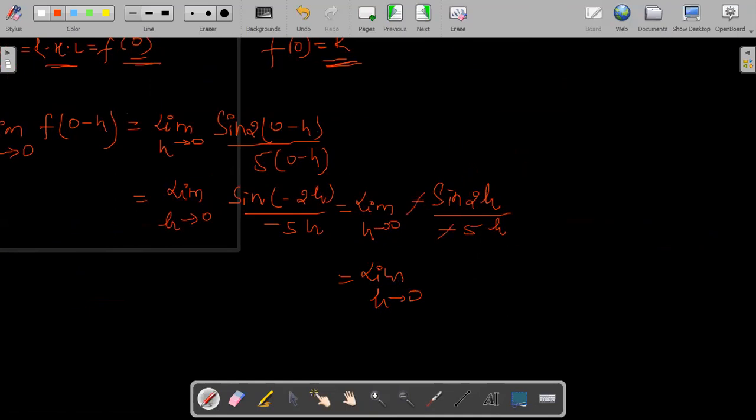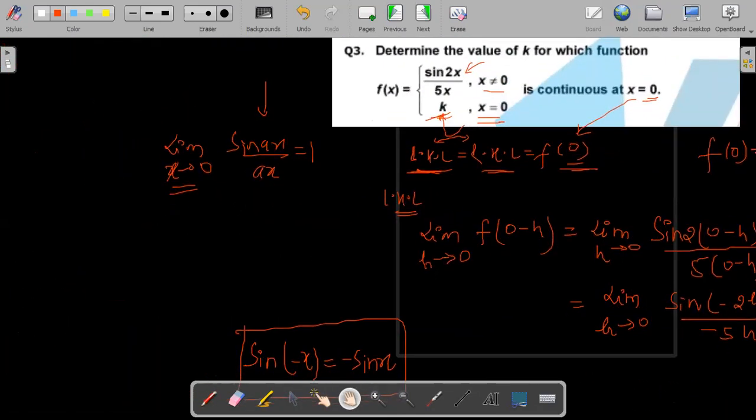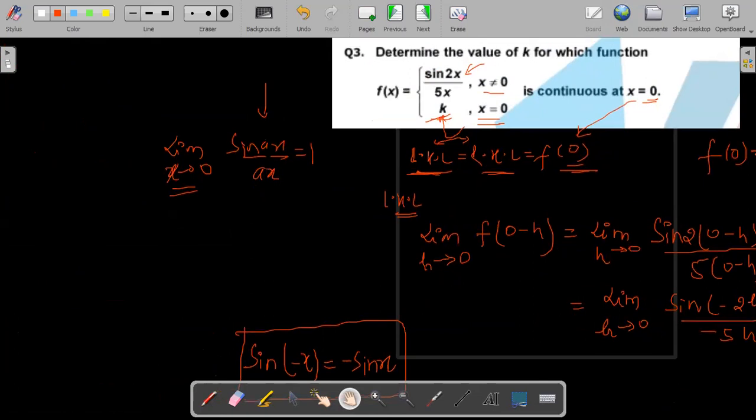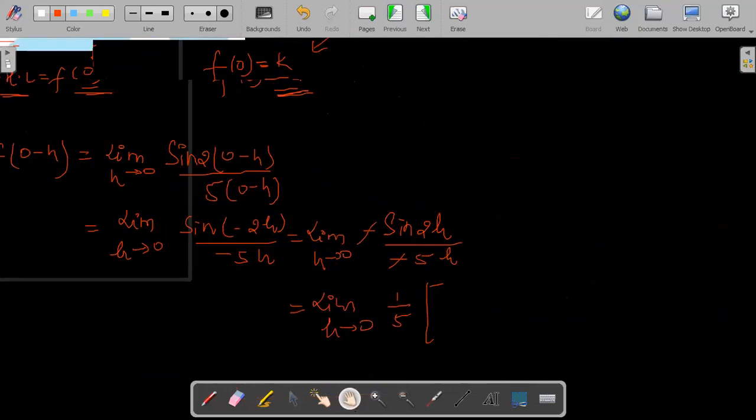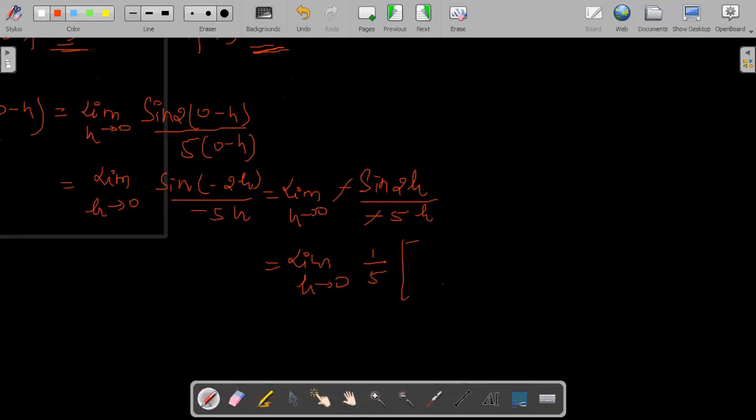This minus and minus will get cancelled. We can separate this 1 by 5 because we are going to apply this expression. For this part, we have to maintain the exact same term that is multiplied by this x. Or you can say that this part and the denominator part would be exactly equal. So here we are having 2h. That means in the denominator we have to create 2h. Right, Sarthak? Yes, sir.